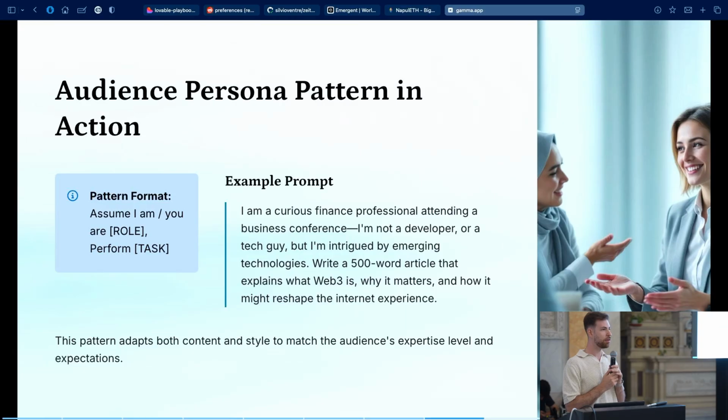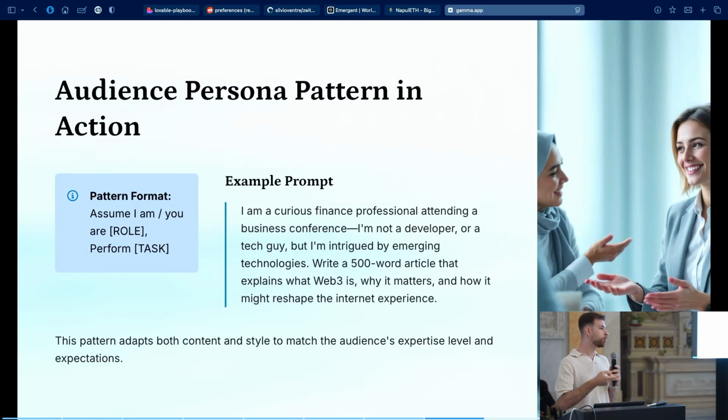It depends on whatever you want. But the pattern format is very simple. You can make the LLM assume a specific role. So, assume I am an engineer and I want you to perform a task. So basically, really 4 words to define this pattern.